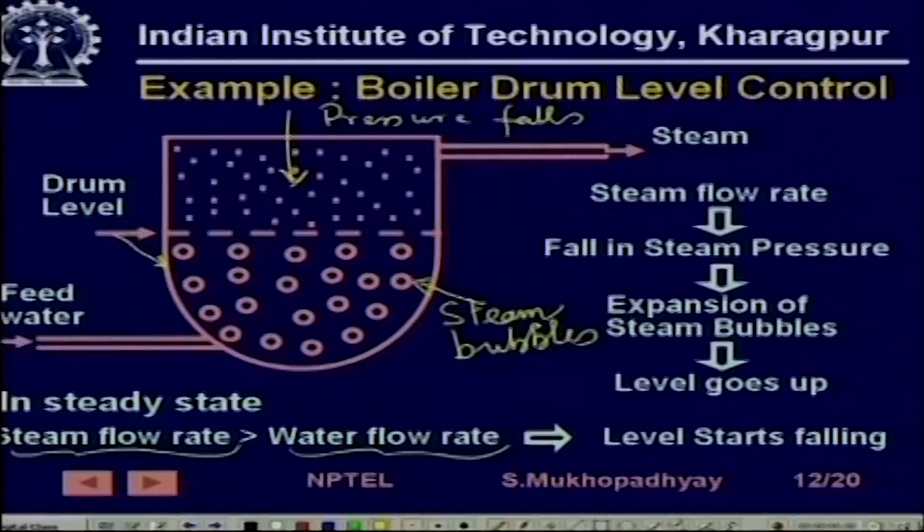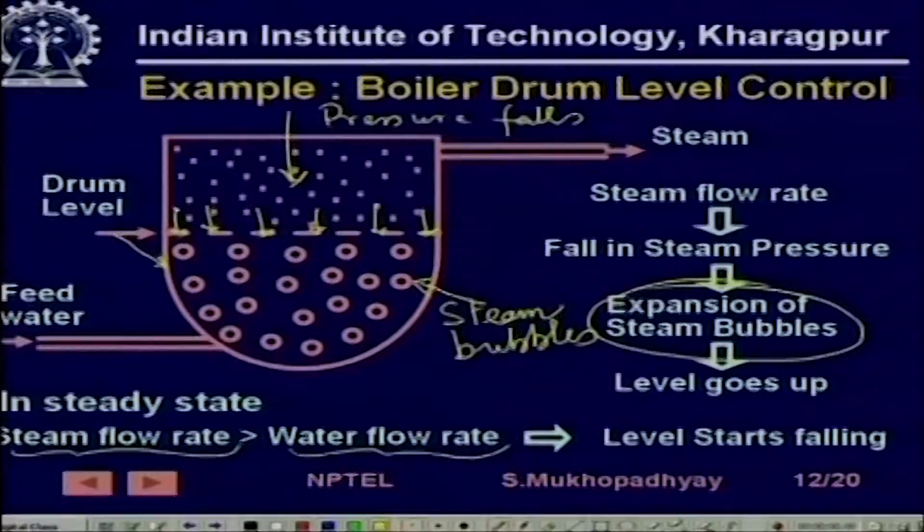So, the volume occupied by the steam bubbles depends on the pressure applied on the surface. So, the moment this pressure is released, these bubbles will expand. So, this expansion of steam bubbles means that this volume will go up.